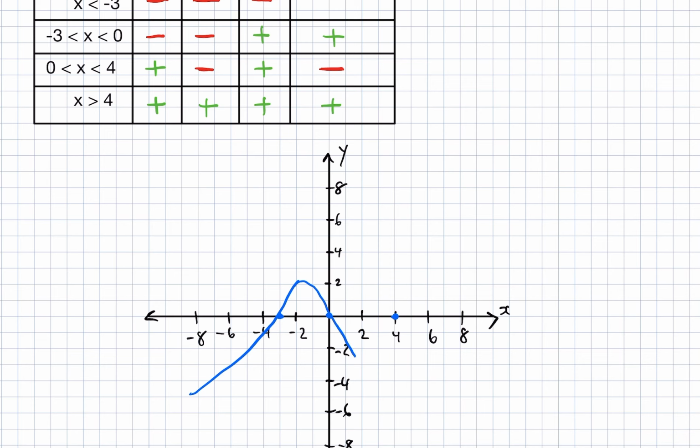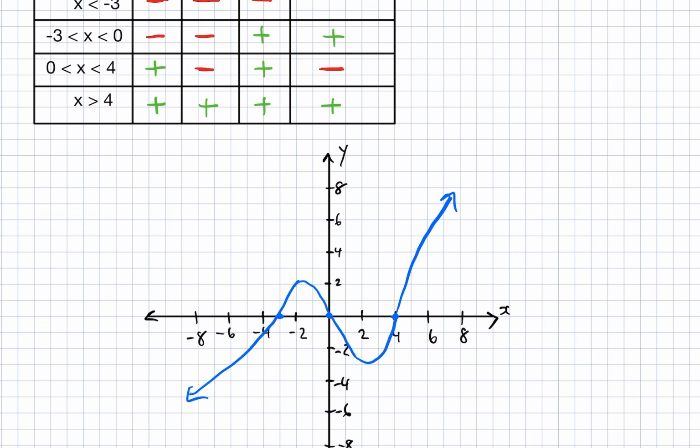And then from the 0 to 4 interval, they're all in the negative territory. So we're going to continue this graph as follows. Okay, and what we see is when it's greater than 4, my value is going to be in the positive direction, so we will continue this graph as such. Okay, and there's our graph.